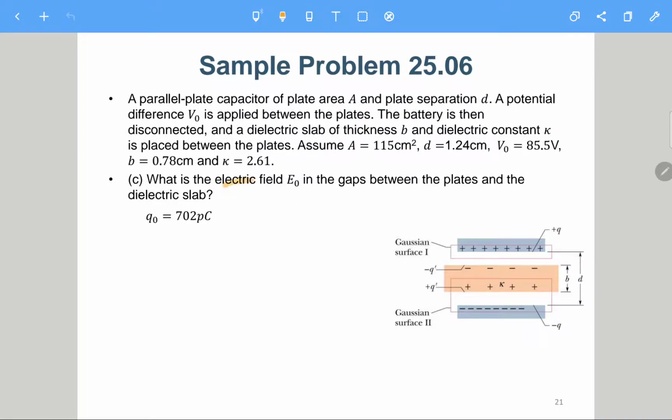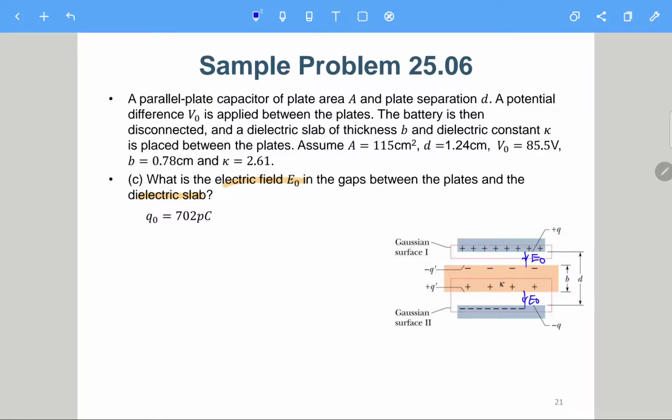what is the electric field E0 in the gap between the plate and the dielectric slab? So it asks you the E before, of course. This is also assuming that before the slab is inserted, or actually it asks you E0 is here, E0 is here, E0 is here.